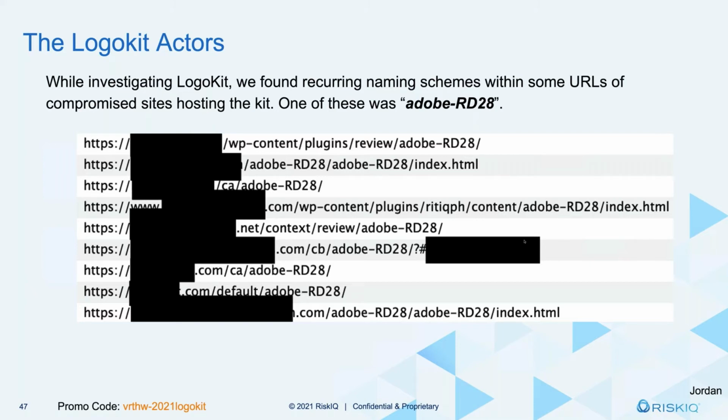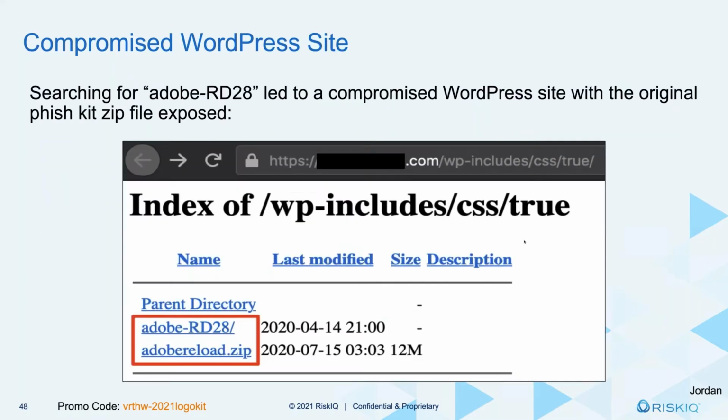And also the RD28 has something to do with the versioning of the kit itself. Is that right? Yep. Anytime there's a prefix, it typically uses like Adobe-RD28. In some cases, it'll be something like Outlook or Office 365 dash, and then there's always a little suffix at the end of it every time there's a LogoKit. In most cases. Mm-hmm.